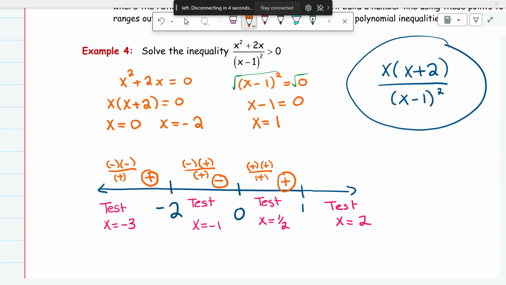All right, and then our last one, do you guys agree that that's all going to be positive? Positive, positive, positive. Right, so with this one, we have 3 positive areas.